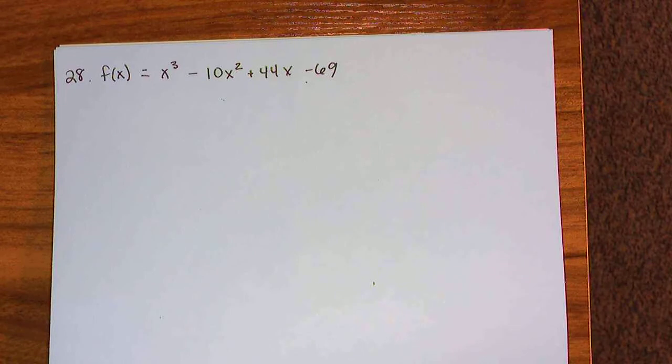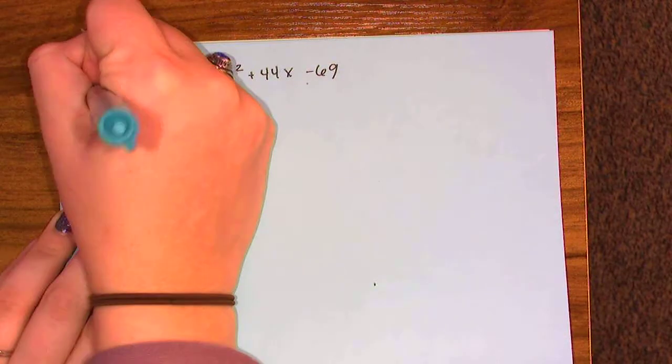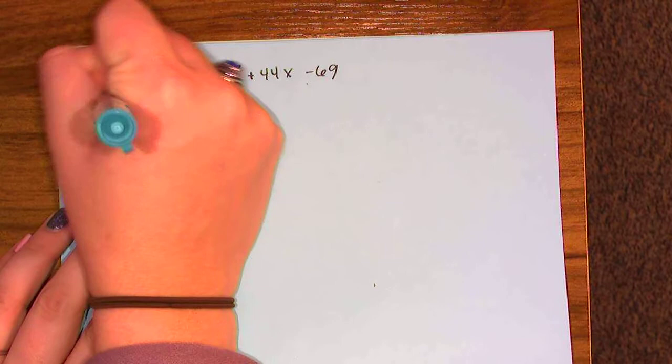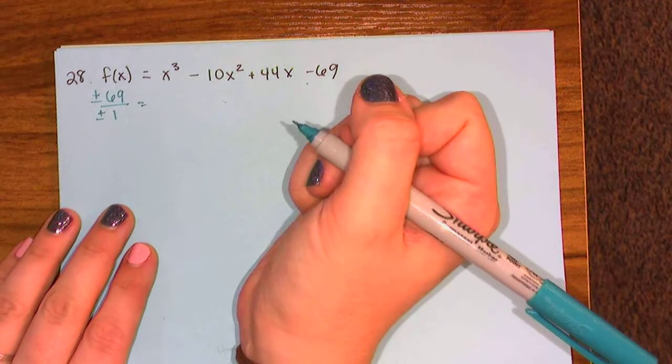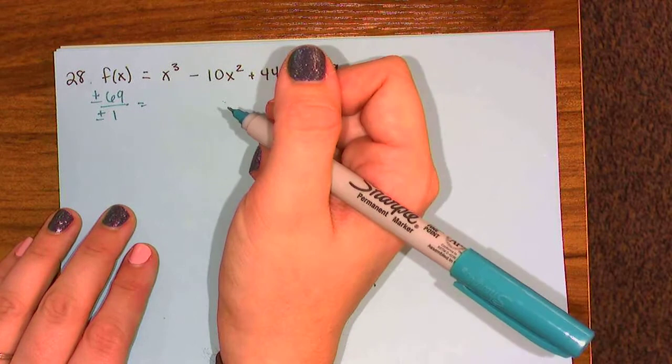Okay, so technically with this one, you have some options because there's not really a number out here, so it's going to be over 1. But I would say just for practice, let's still write out the different factors. So we're going to have plus or minus 69 over 1. I'm not even going to write the 1 on the bottom. I'm just going to write my possibilities here.